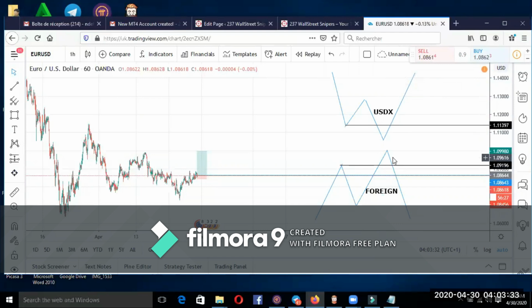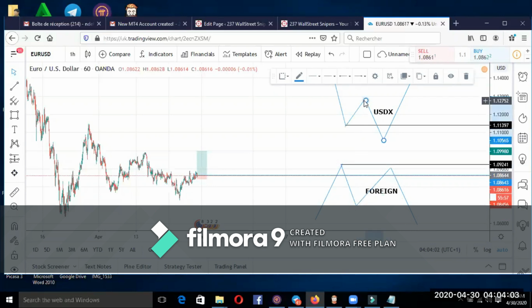The dollar index will trade lower, and you see, yeah, sometimes you'll see the market like this, right?